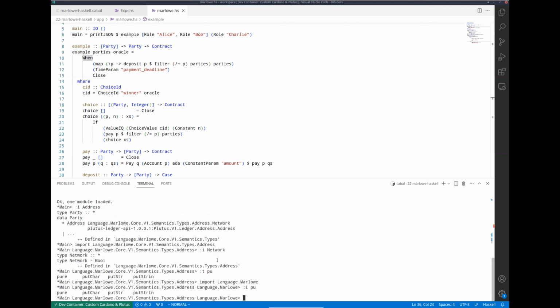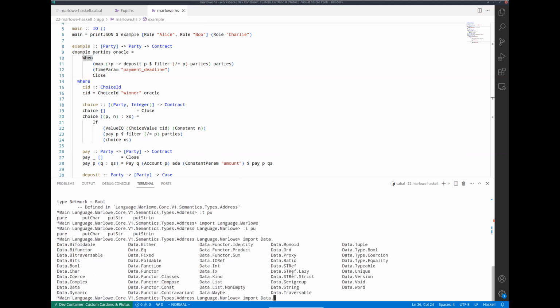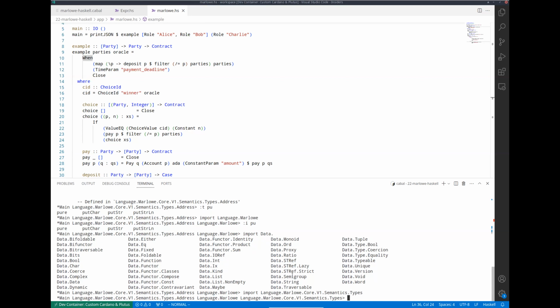And where is that defined? In data party. Let's see. Not sure where it is defined. Let me see. Semantic types. In semantic. Okay. Yes.